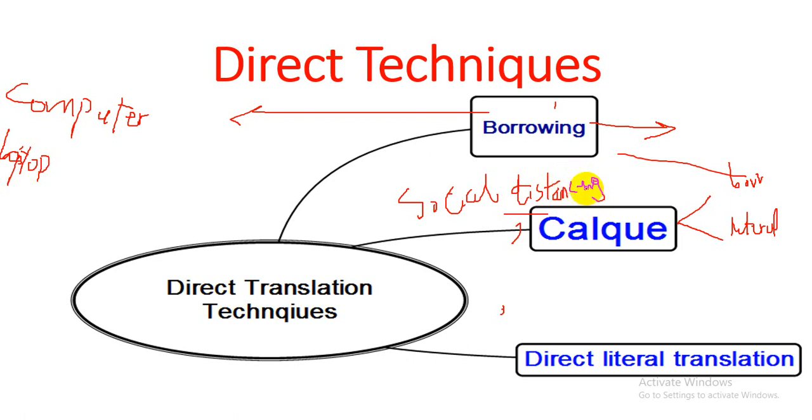Social distancing means to keep some distance between any social actors or anyone with whom you are interacting. So social distancing here is not a word, not a lexical item, it's a phrasal item, it's a phrase, right? So here, calque always works on the phrase level, not the lexical level.